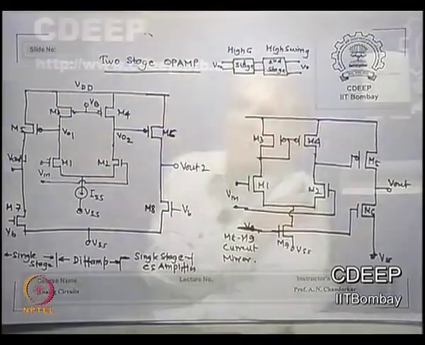What is the typical gain of a DFAM you expect? GM times RO1 parallel RO2, or RO3 parallel RO4. ROs are typically of the order of mega ohms, is that correct? GMs will be of the order of at least 10 to the power minus 3, or between minus 3 and minus 4 amps per volt.